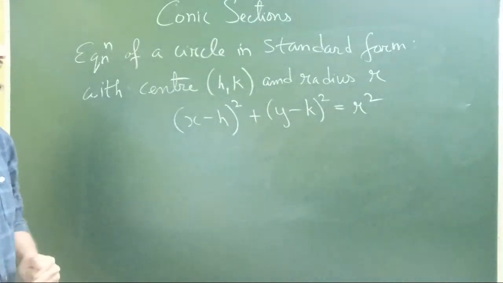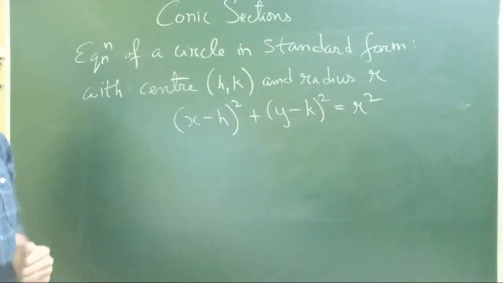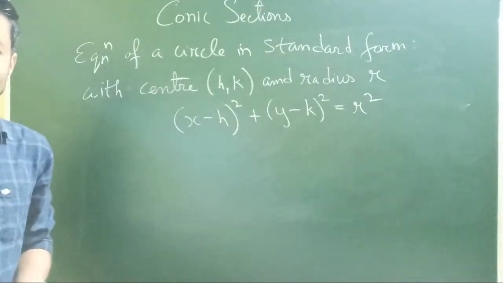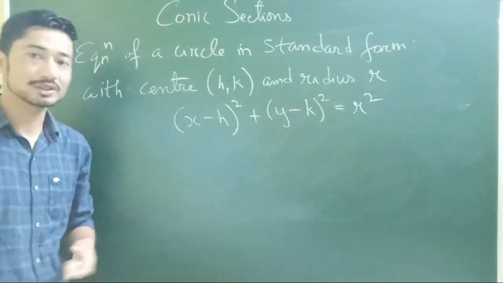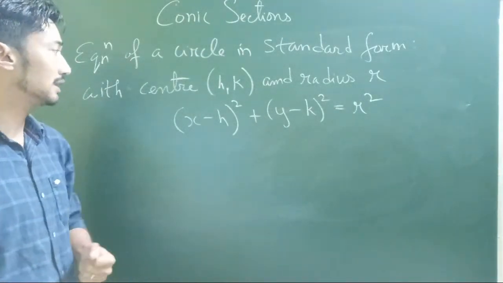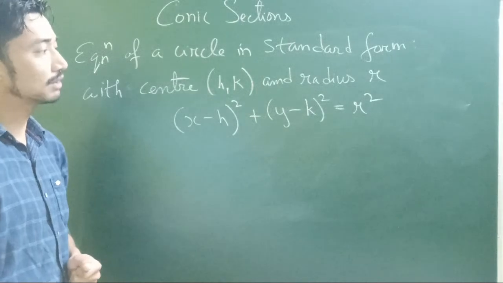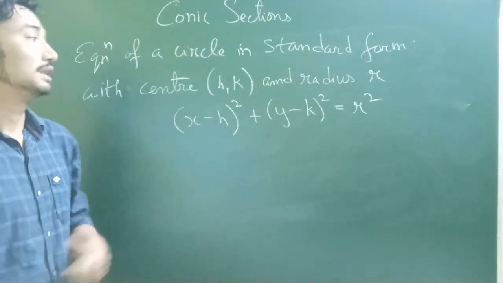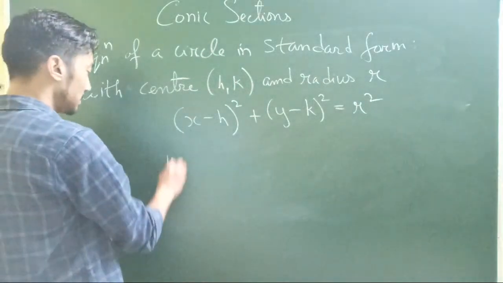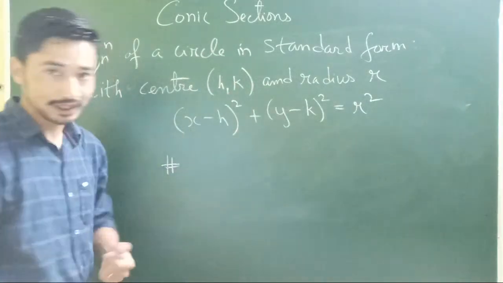This is the standard form of the equation of a circle with center given as (h, k). Letters can change with different textbooks, so we're not really worried about the letters here. And radius r, the equation is (x − h)² + (y − k)² = r². Now this equation can also be used to find the radius of a circle.